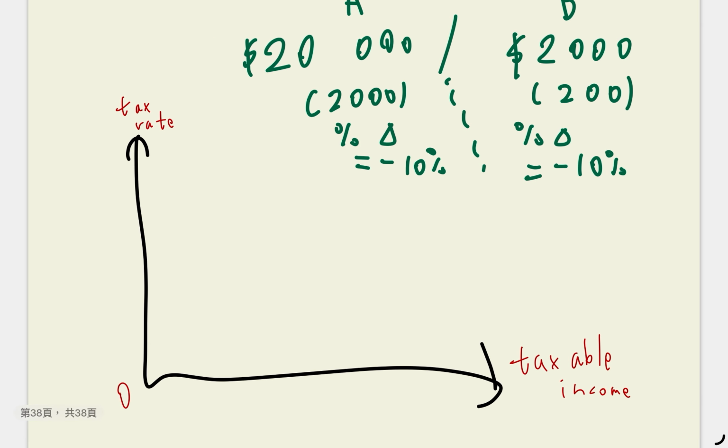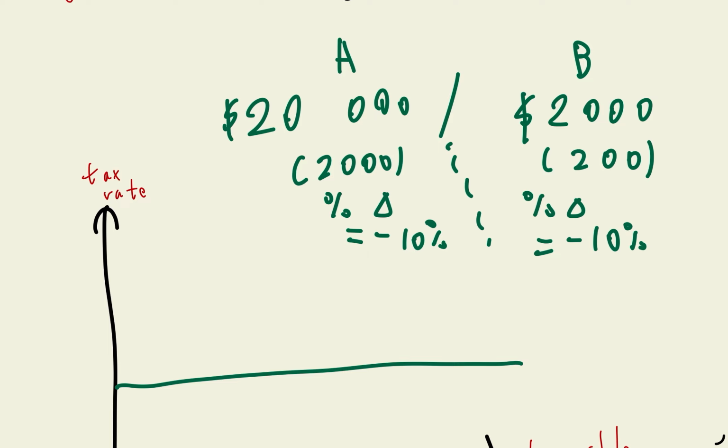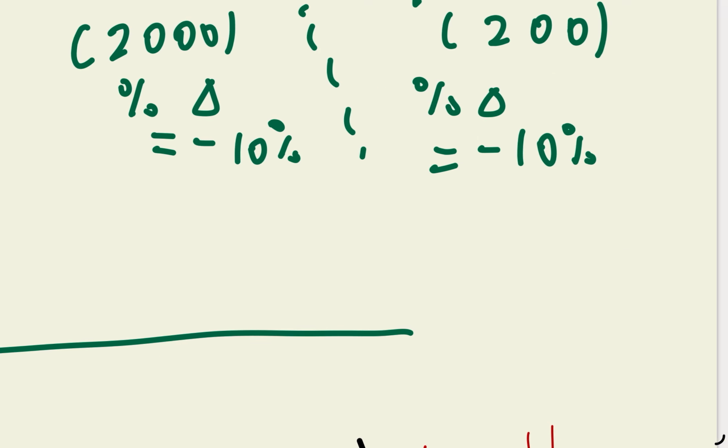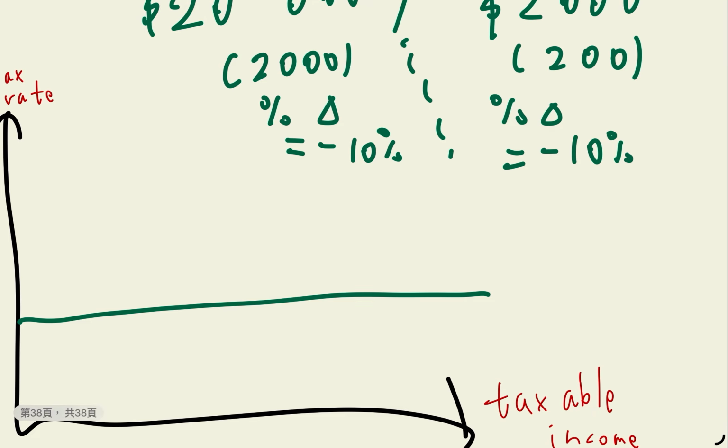So we can see that if the tax rate is 10%, it's going to be a flat line. This is what we call a proportional tax, as they both lost the same percentage of income, of cash, or money, of resources, whatever you call it.